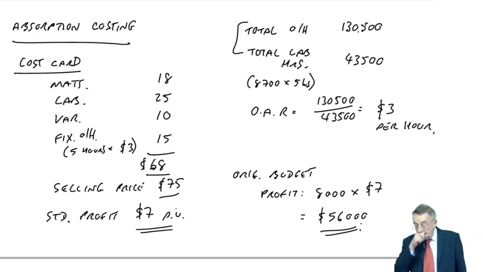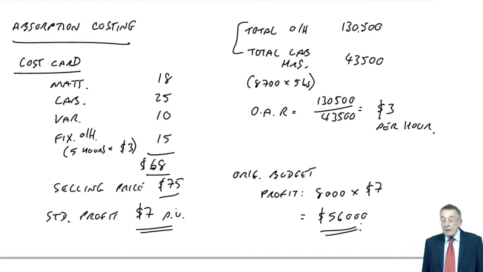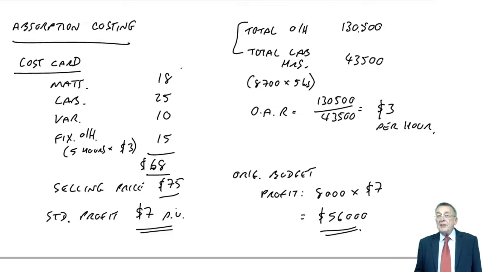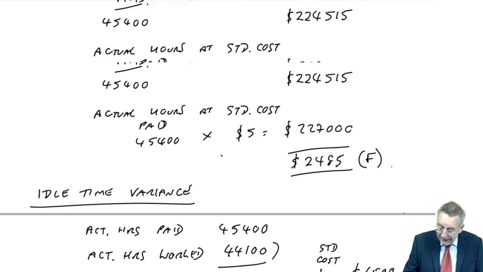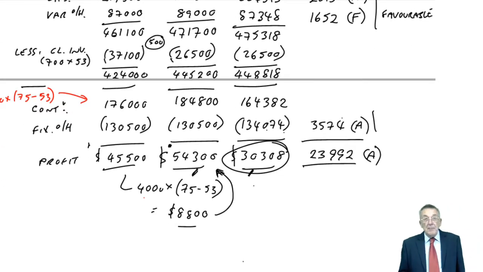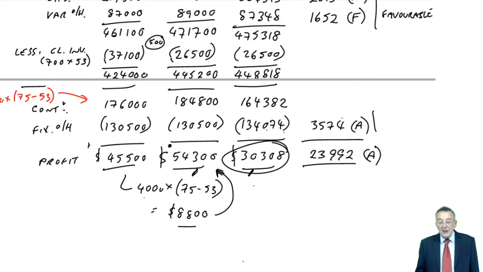All right, now this is still actually a revision of chapter 1. This is absorption costing, and the budgeted profit was 56,000. If you look back, oh, good if I didn't rub it out. When we did marginal costing, we were budgeting on a profit of 45,500.